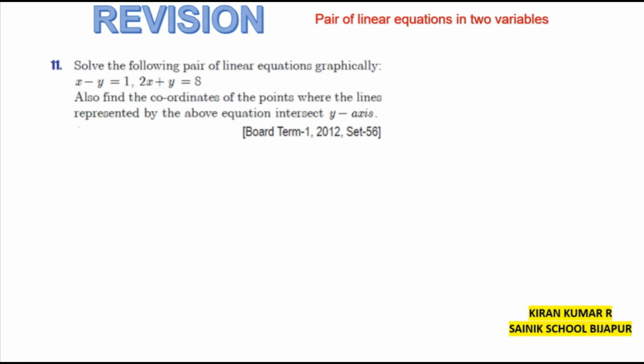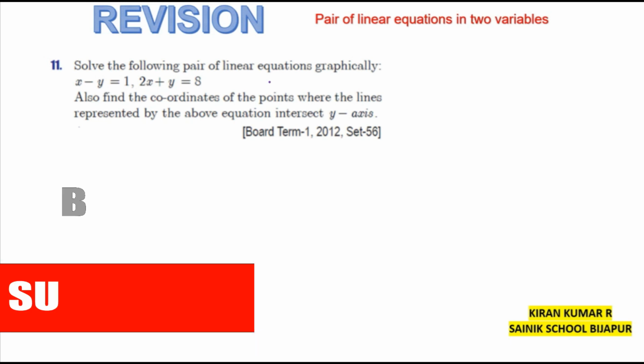Question number 11. Solve the following pair of linear equations graphically: x minus y is equal to 1, 2x plus y is equal to 8. Also find the coordinates of the points where the lines represented by the above equations intersect the y-axis.